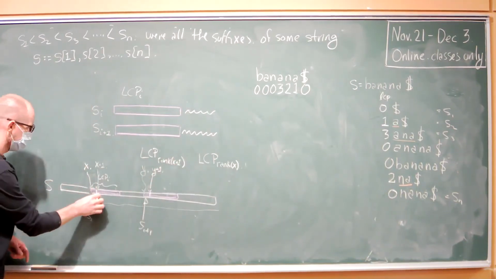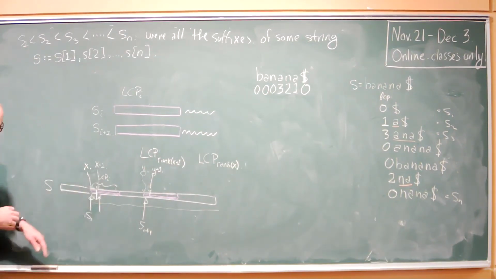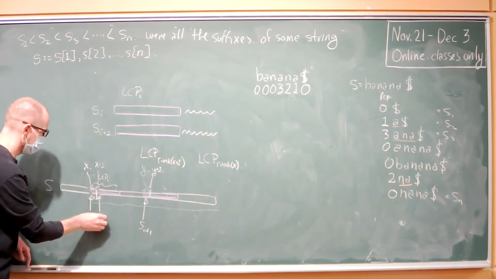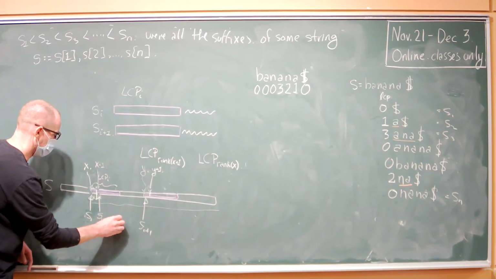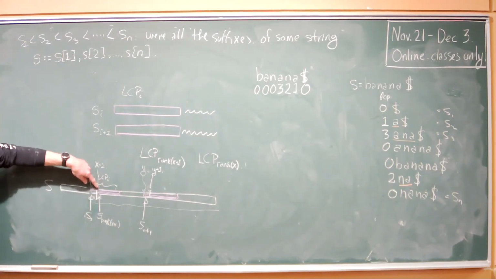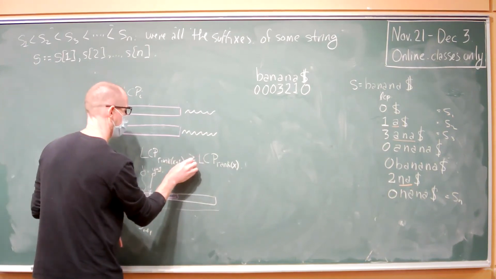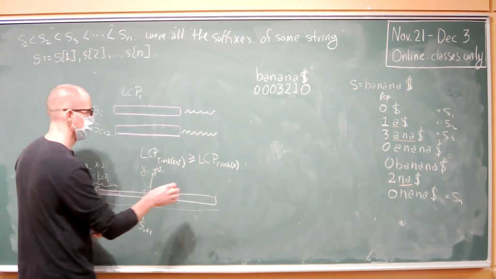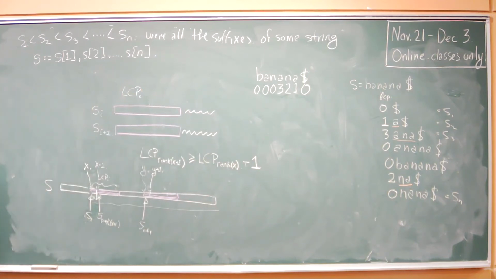That's this string that starts here at position X plus 1. And so this is S sub rank of X plus 1. The LCP of that thing is at least as big as the LCP of this thing minus 1. Okay.